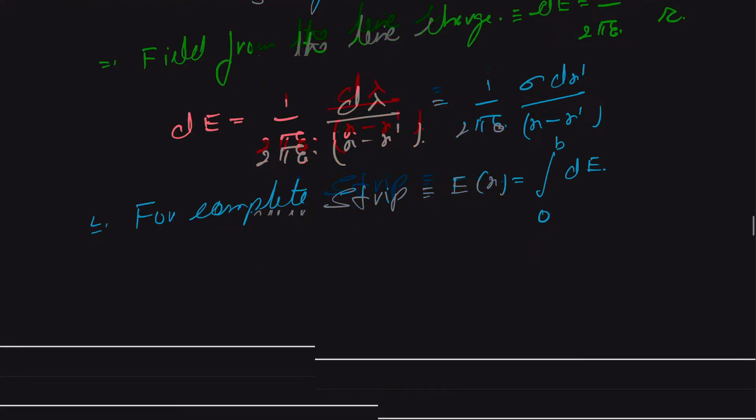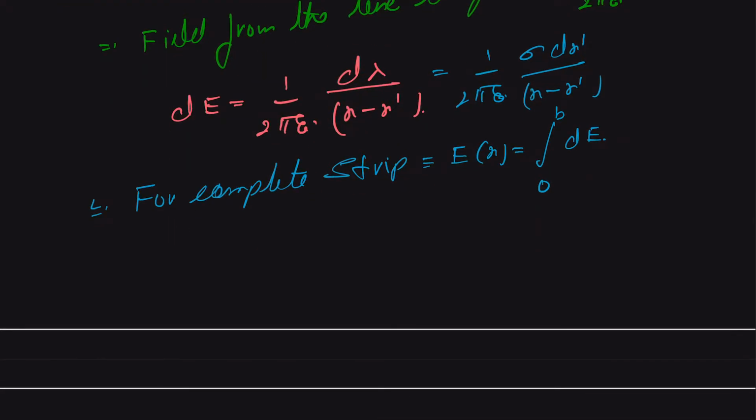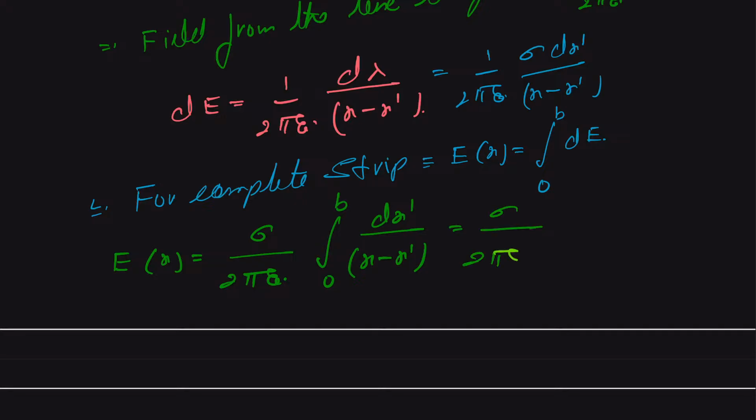The electric field at a distance x will be sigma over 2 pi epsilon naught, integral from 0 to b of dx prime over x minus x prime, and the integration is quite easy, so we can simply write this equal to sigma over 2 pi epsilon naught times the natural log of x upon x minus b.